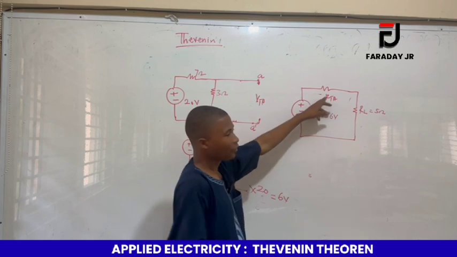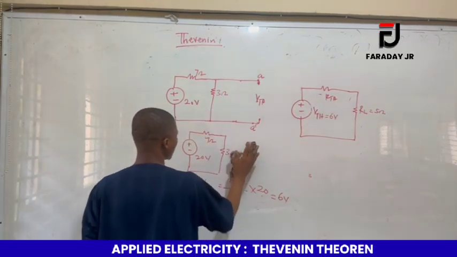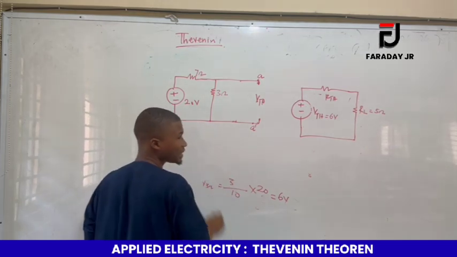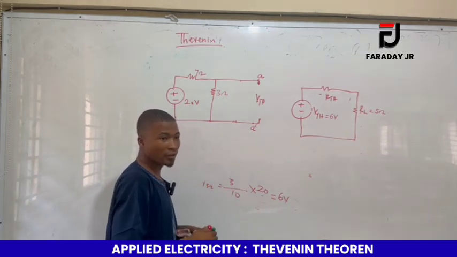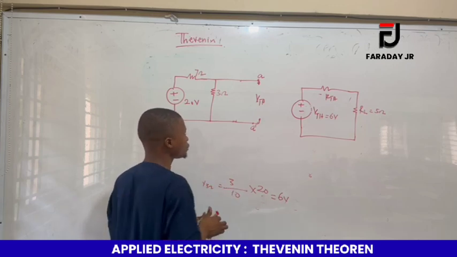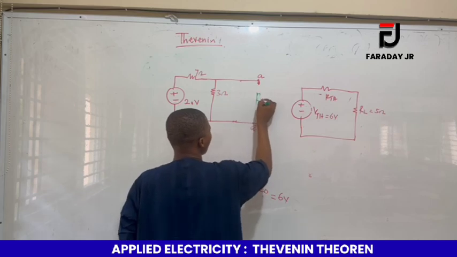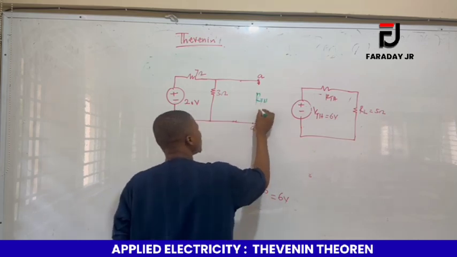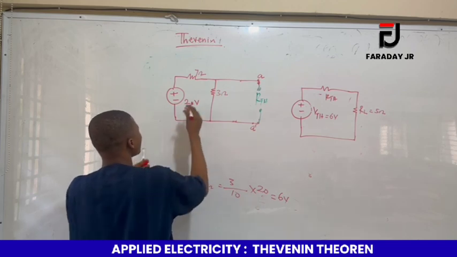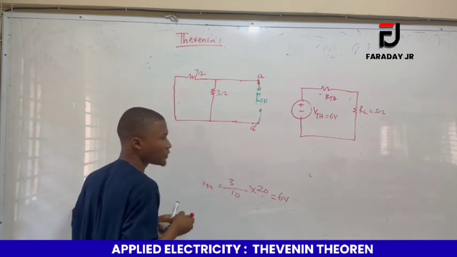Now we move on to find our Thevenin resistance. I can take this one off. Anytime you are finding a Thevenin resistance, all sources are removed. If it is a current source, it becomes an open circuit. If it is a voltage source, it becomes a short circuit. So here we put our RTH, and we remove our voltage source, which becomes a short circuit path.